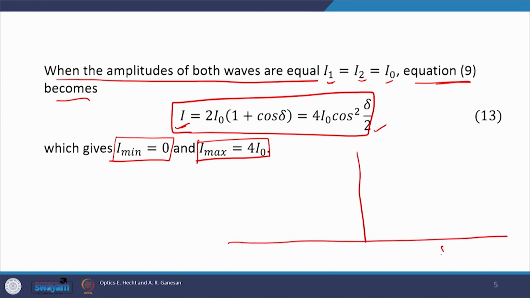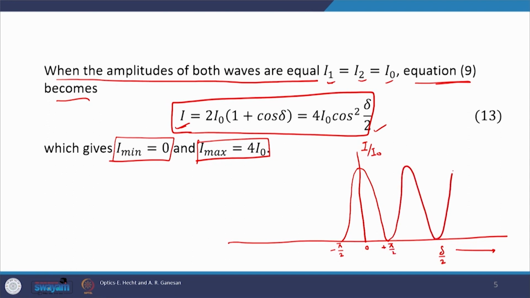If you plot del by 2 on the horizontal axis and I by I naught on the vertical axis, then you see that the intensity maximizes when del is equal to 0, and then it reduces down, and then it goes to 0 when del by 2 is equal to minus pi by 2 here and pi by 2 here, and then it again goes back to its maximum value, and then again it goes down, and then again it goes up, and this repeats on the other side also.